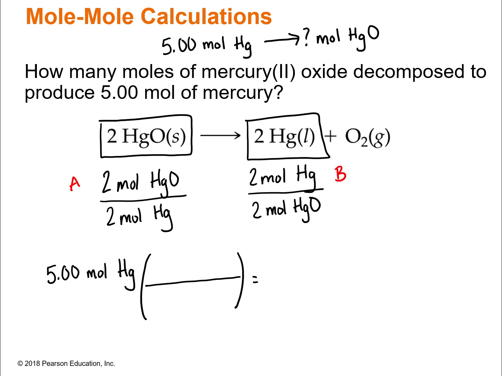So which one do we need to use, A or B, if we need to go from moles of mercury to moles of mercury 2 oxide?